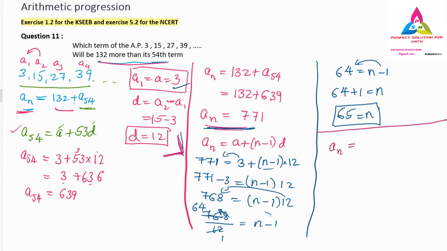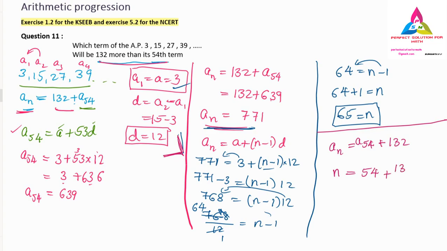That an value is nothing but 132 more than the 54th term. So the 54th term is a54 plus 132. This we can find very easily, that n value they have told you to find. So what I will do, one small trick I will use. The n is equal to 132 more than the 54 term.